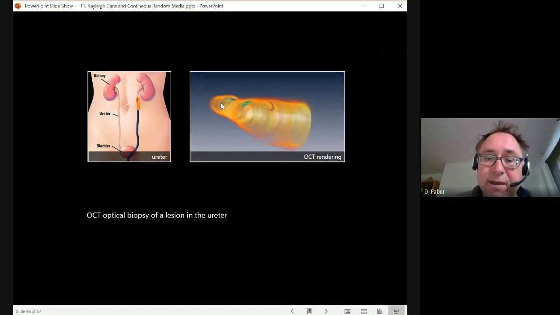This way you can visualize the lesion, estimate how large it is, and see how the surrounding tissue looks, if it is affected or inflamed or anything else. Hopefully that's the goal, to use that for planning an intervention.